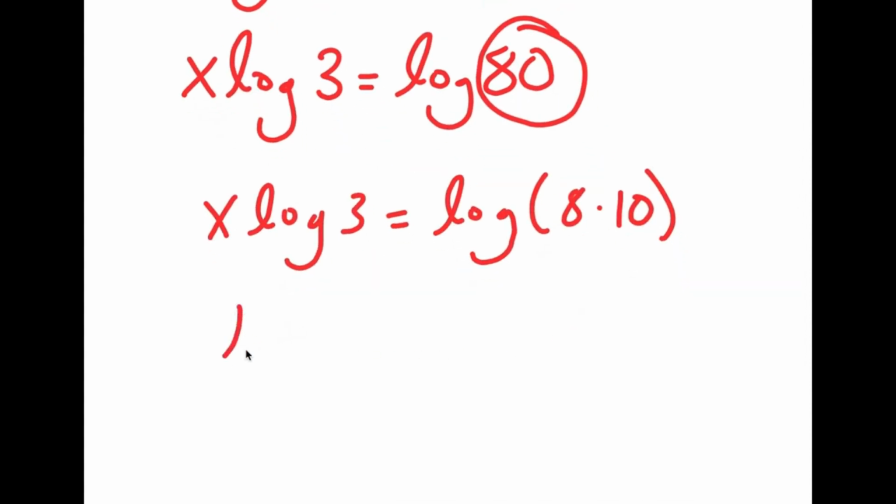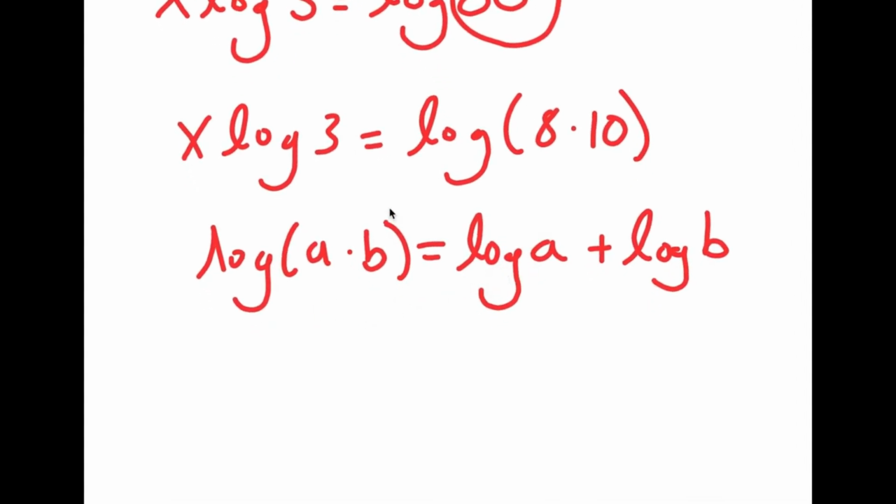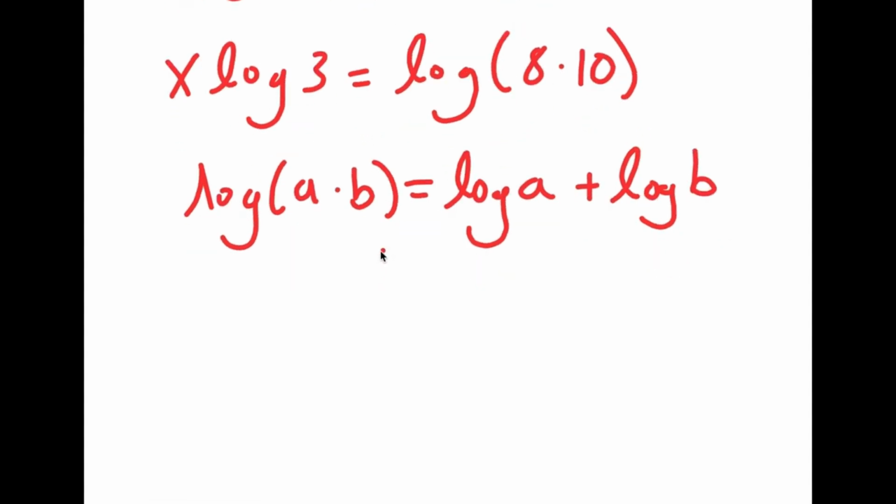And if I have something in the form log a times b, this is equal to log a plus log b. And this is another one of the logarithmic properties.